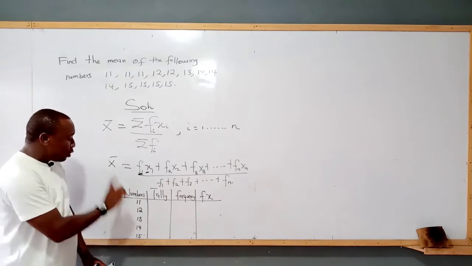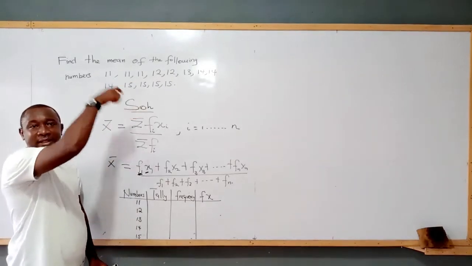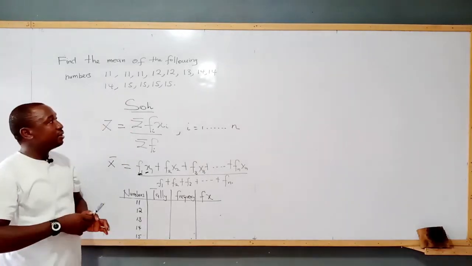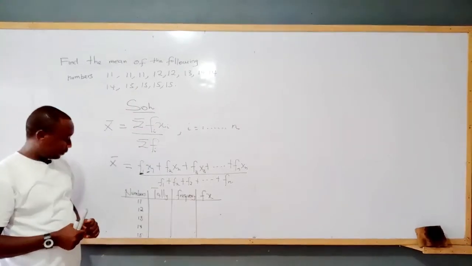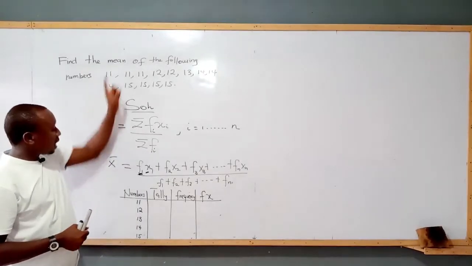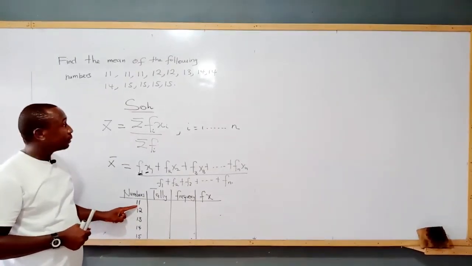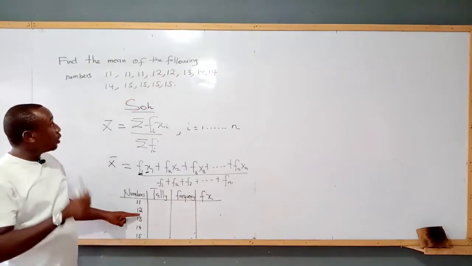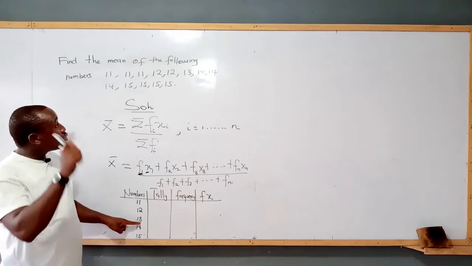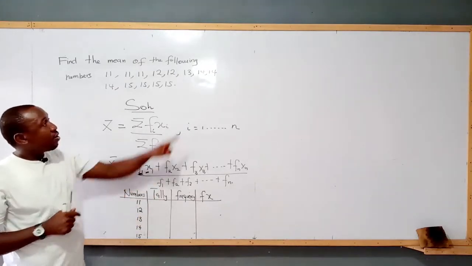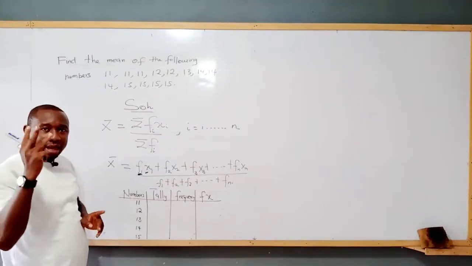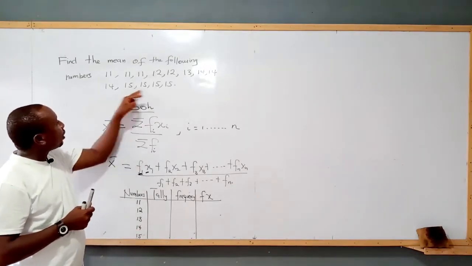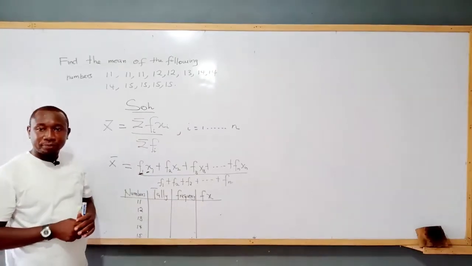You choose only one to represent the numbers that repeated themselves in the data set. Although 11 appeared 3 times, we chose only one. Although 12 appeared 2 times, we chose only one. 13 appears once, yes, we chose only one. 14 appeared 3 times, but we chose only one. And 15 appeared 4 times, but we chose only one.